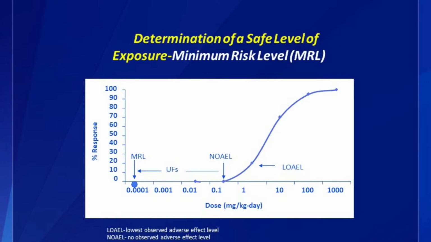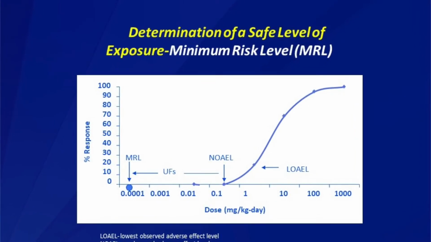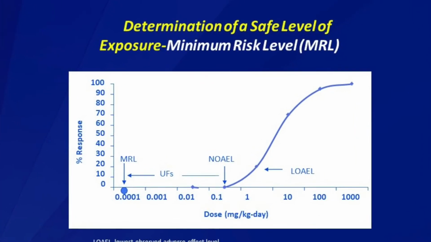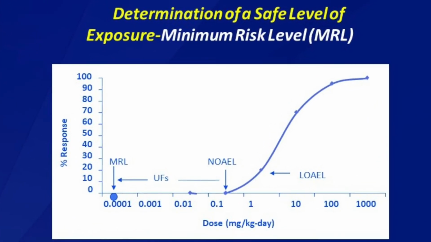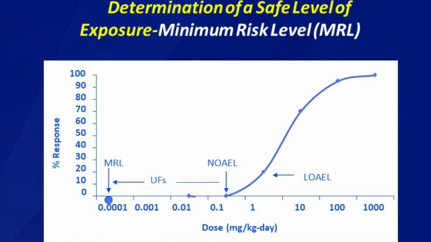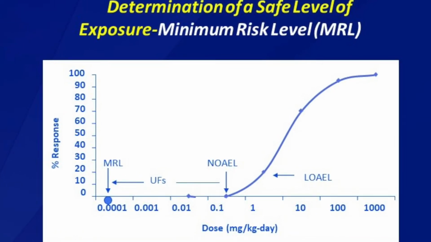And the next slide shows an example of how this is actually applied. That's slide number 24. There is a dose response curve that shows the lowest observed effect level, which is around, I'm guessing, 3 or 4, and the no adverse effect level, which is of course at a lower concentration. It's somewhere around 0.5 or something like that.